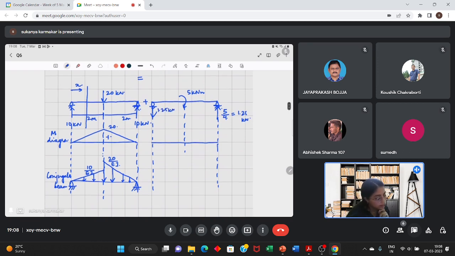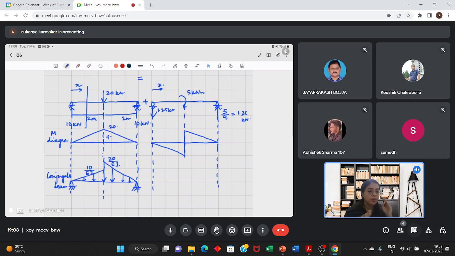Then what will be the bending moment diagram? It will be this portion. It is a vertically downward reaction of 1.25, so it is creating a hogging moment of 1.25x, the section being taken at a distance x from the left support. And if you take from the right hand side, the reaction is in the vertically upward direction.